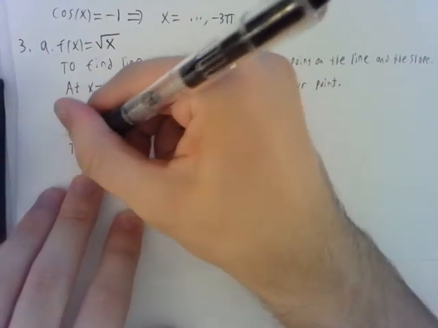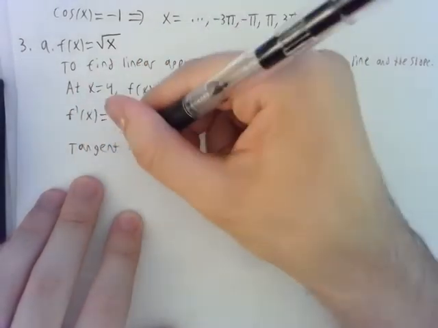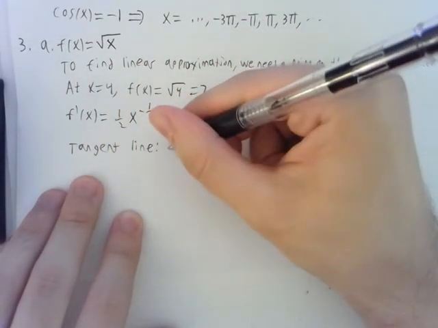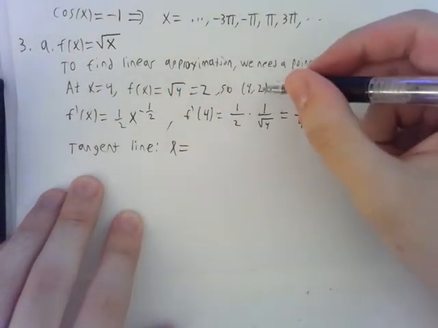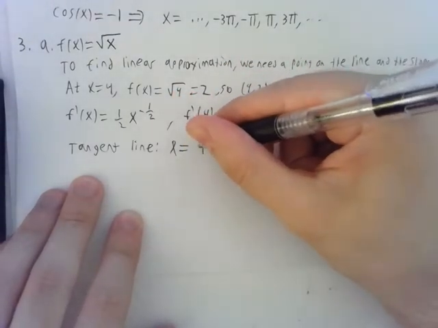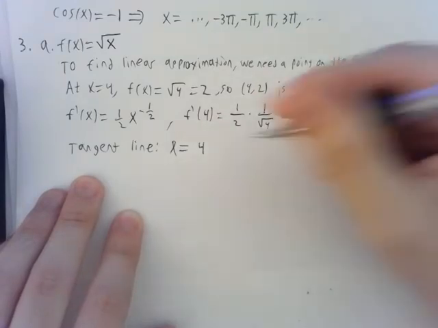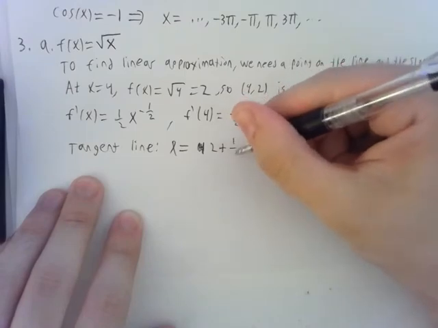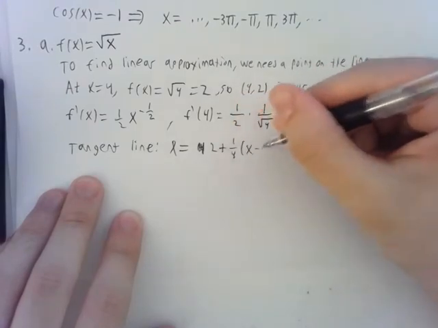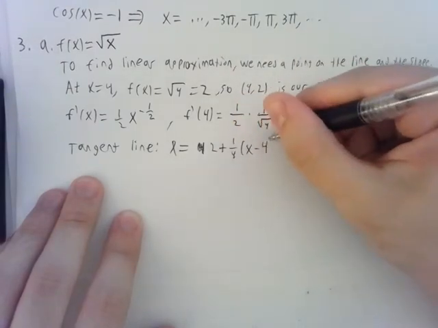So our tangent line is going to be given by L equals y0, which is 2, plus 1/4 times (x minus x0), which is 4.